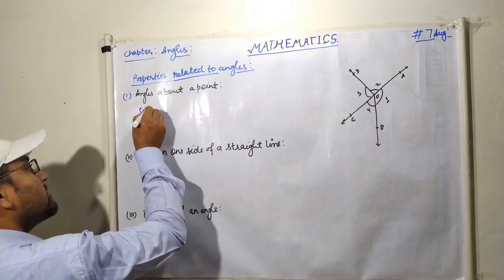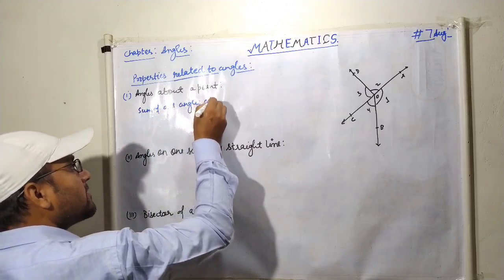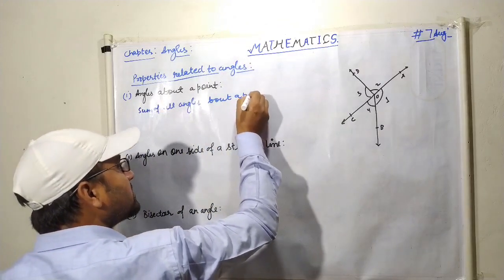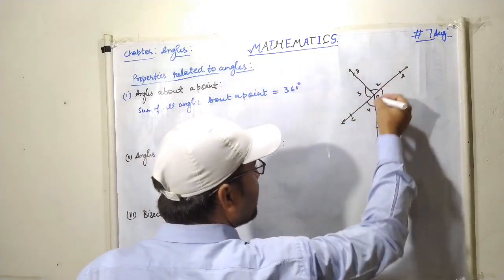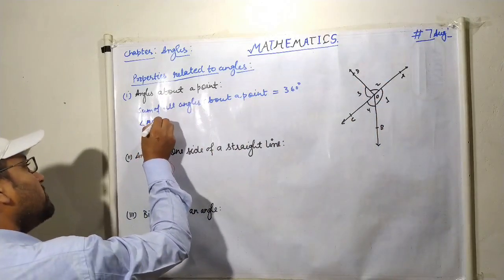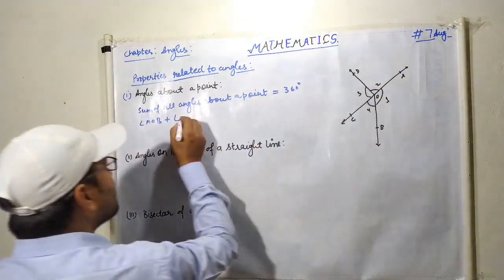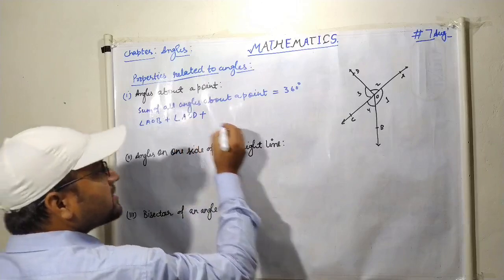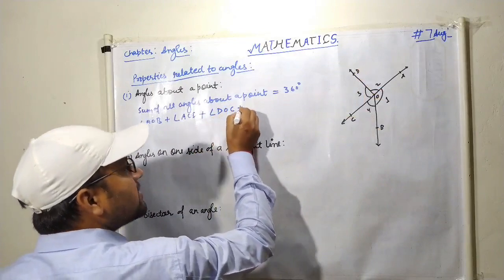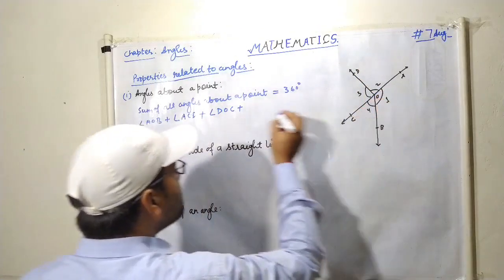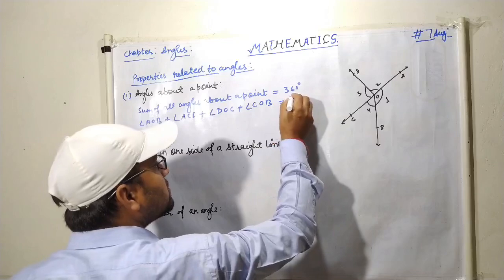So the first angle is angle AOB plus the second one, angle AOD, plus the third angle, DOC, plus the fourth angle, angle COB or BOC also, is equal to 360.